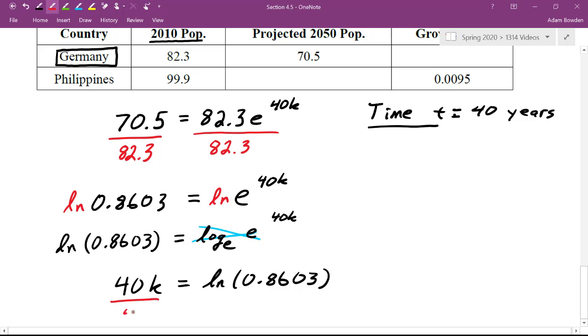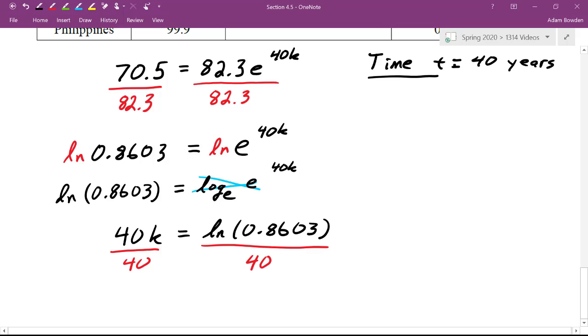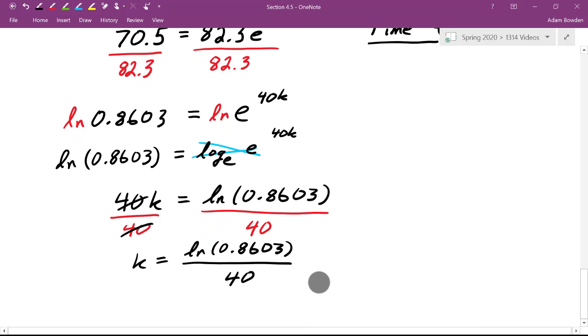We can divide out 40 from both sides. And so now we're going to have k is equal to all this stuff over here. Okay, and so if I approximate this with the calculator, it's going to give me the approximated growth rate.